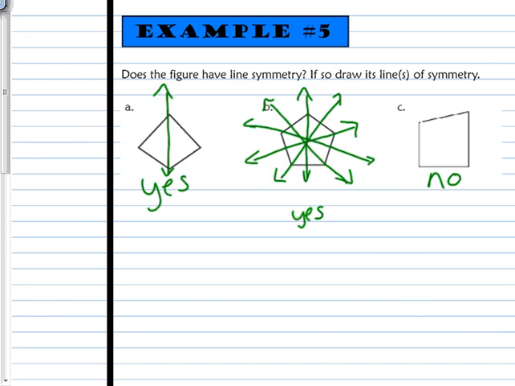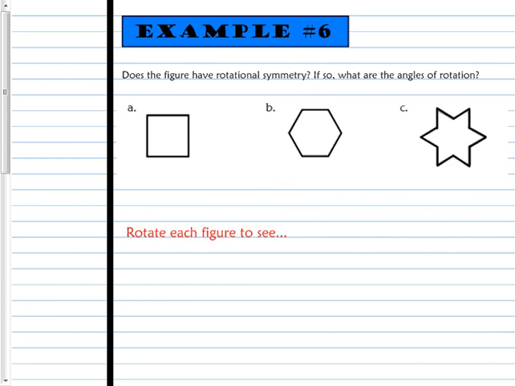But because all of these sides are the same length, and you can just kind of tell that by looking at it, it has 5 lines. In a perfect world, this shape would have had tick marks on all of the sides to show that they were indeed congruent. But yes, it had 5 lines of symmetry. And letter C did not have any lines of symmetry. Can't cut that in half and make it even.